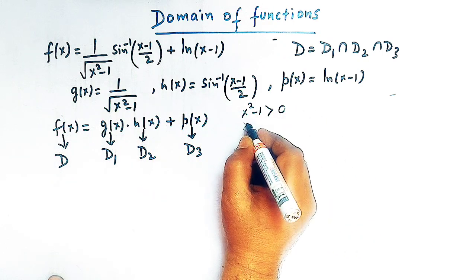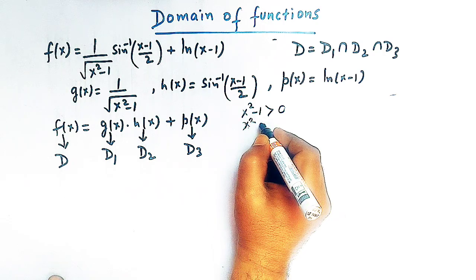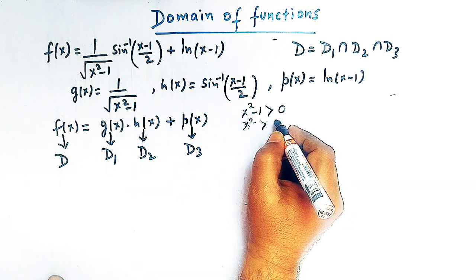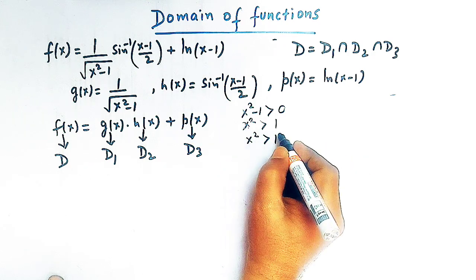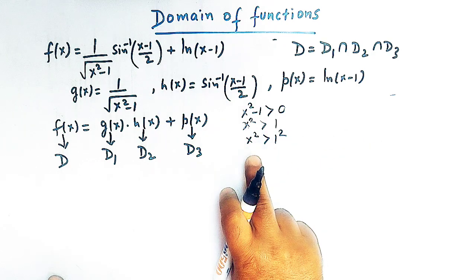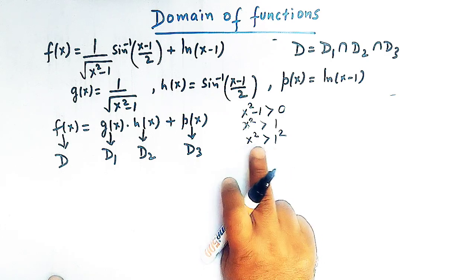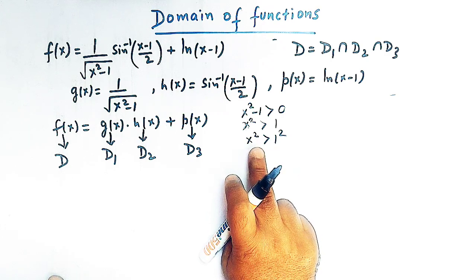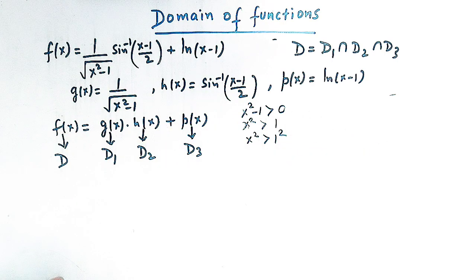So here we can now write this inequality as x square is greater than 1, right? And we can also write it as x square greater than 1 square. So now we have to find all the values of x which satisfies this inequality. So here we'll make use of an important result, and the result goes like this.